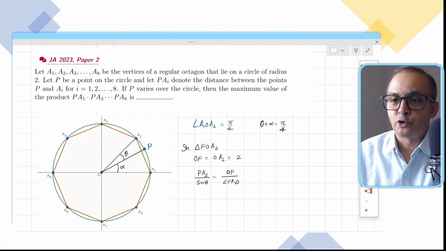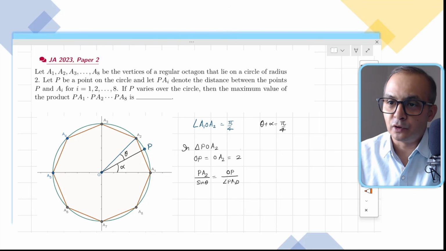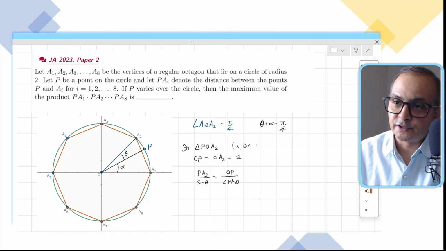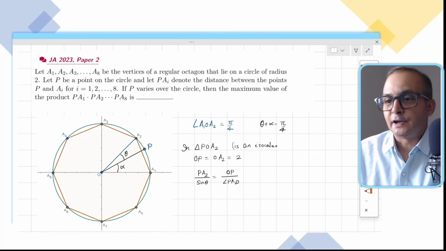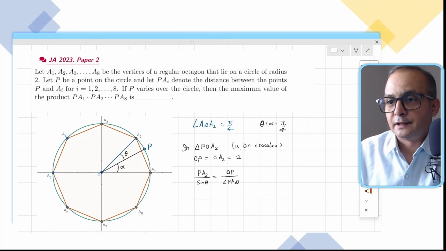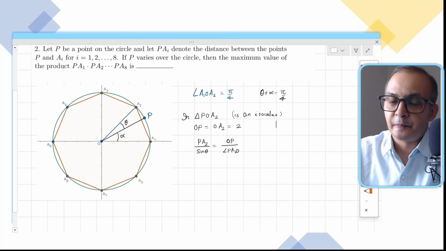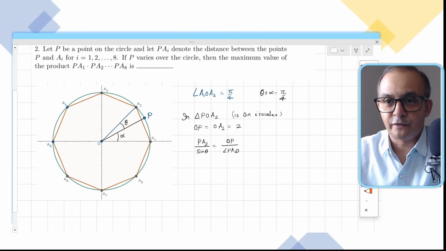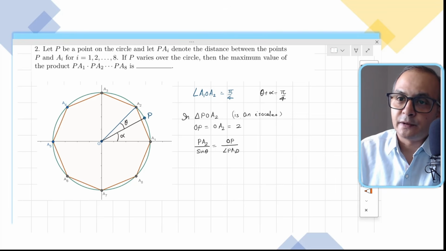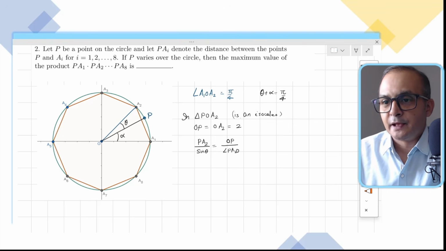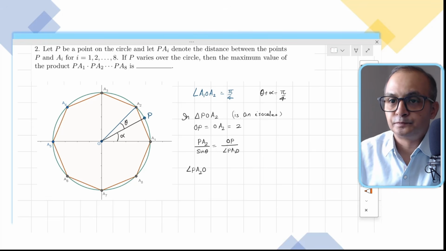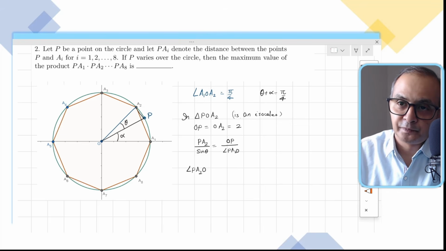PA2O. But notice one thing: the triangle POA2 is an isosceles triangle. If it is an isosceles triangle, then we can use some different concept. Let me draw this triangle.